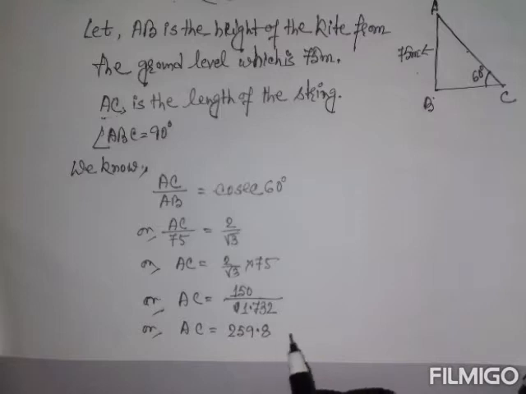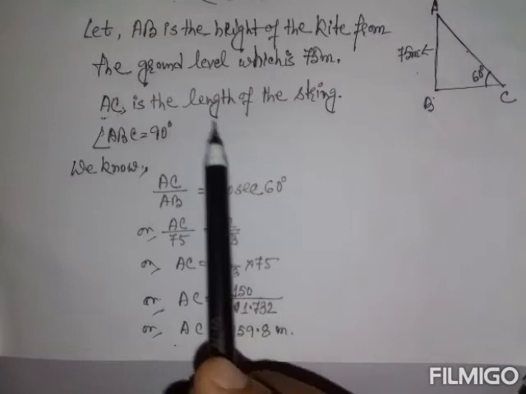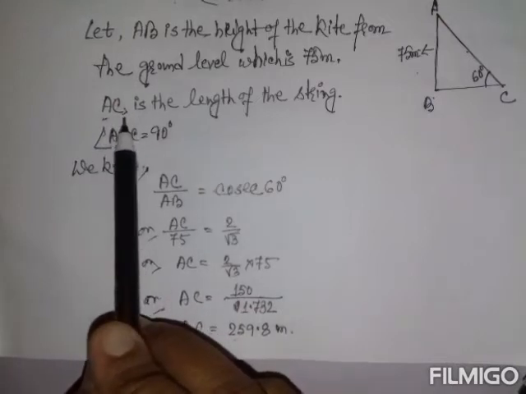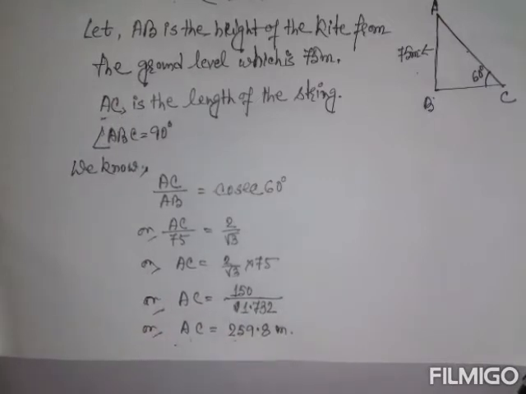Okay, 259.8 meter. So the length of the string AC is equal to 259.8 meter. So end of number 2.